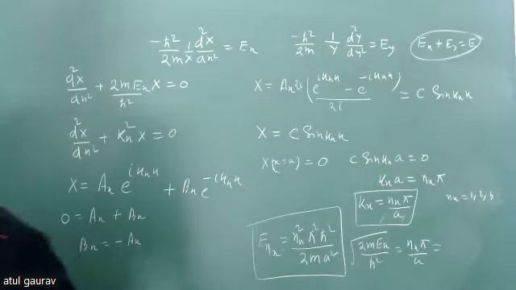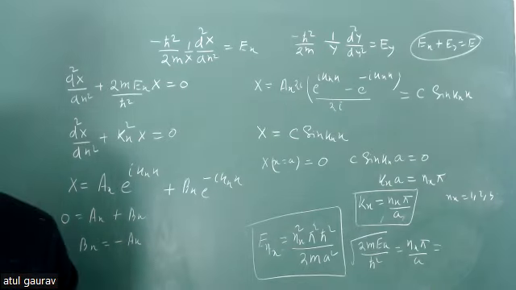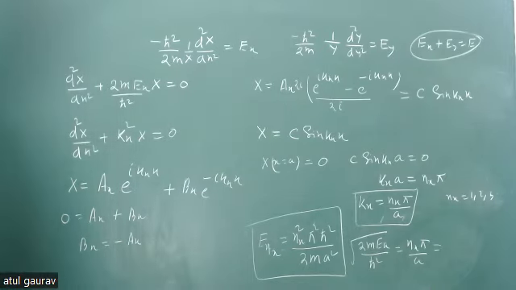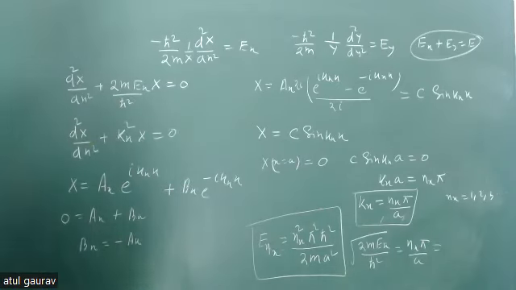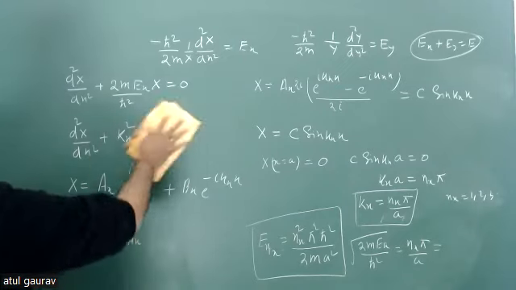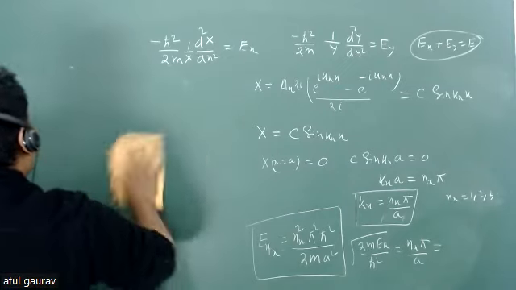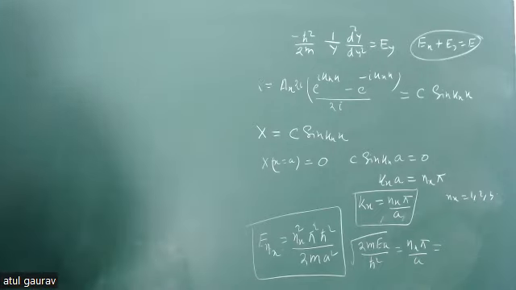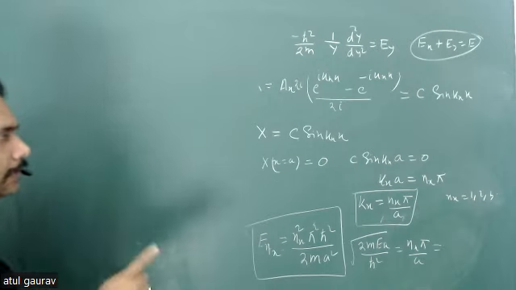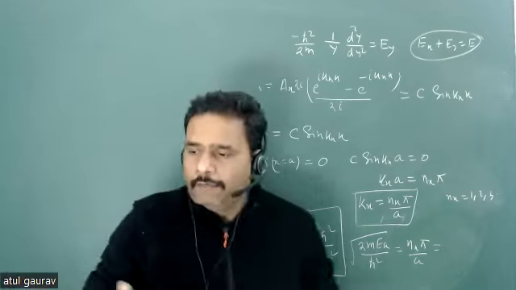Everyone is comfortable right now? सही है ना? Yes, sir. And now the last part is C. We have to calculate the value of C. We have to normalize it, because the total wave function is normalized, as well as the individual wave function associated with each independent degree of freedom.